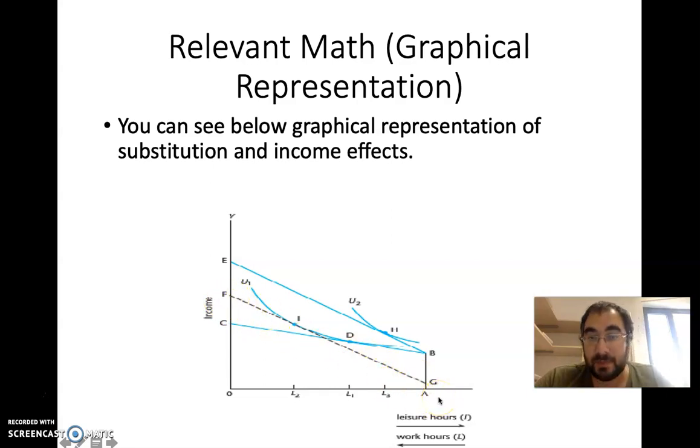We draw this hypothetical budget line so that it has the same slope as our new budget line BE, but it is tangent to the old utility curve, the one that represents the highest utility level we could get when our budget line was BC.